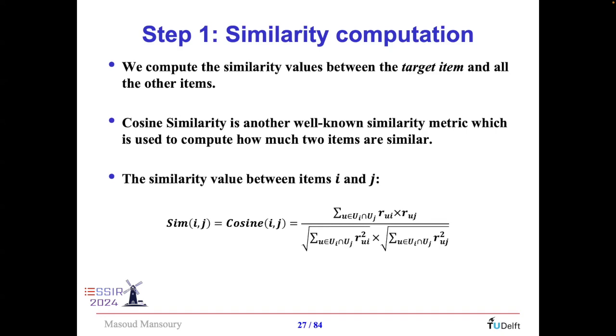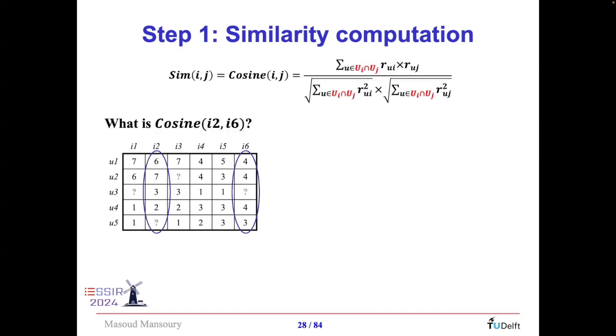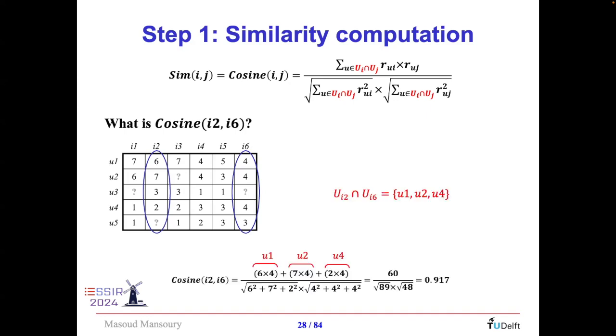It is also normalized so the range is between 0 and 1. For the similarity computation, as an example for items I2 and I6, we first extract the overlapped users who rated both items, and then we put them in the equation and compute the similarity value.